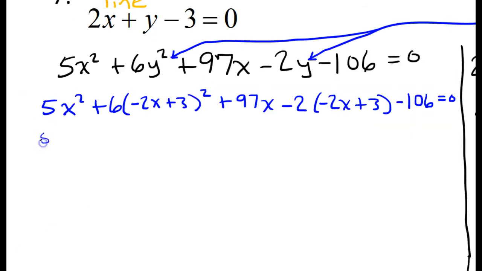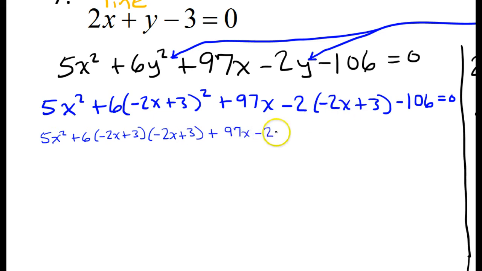Okay, so I'm going to have 5x squared plus 6 times, and the only thing I can do is write this twice. So I'm going to have negative 2x plus 3 times negative 2x plus 3 plus 97x minus 2.